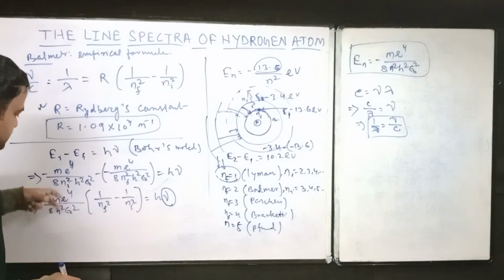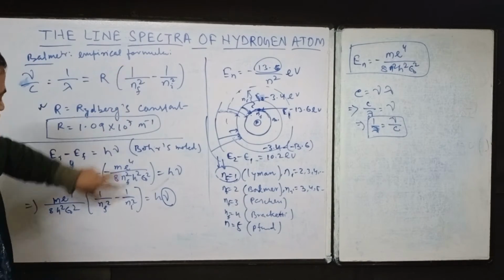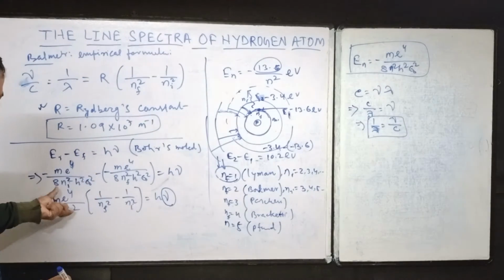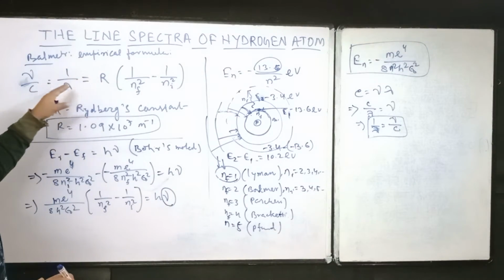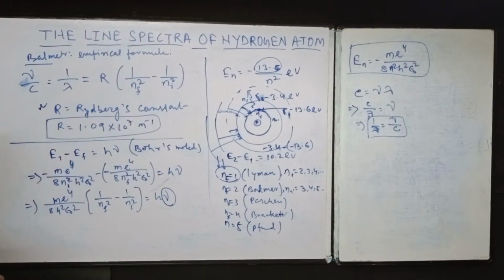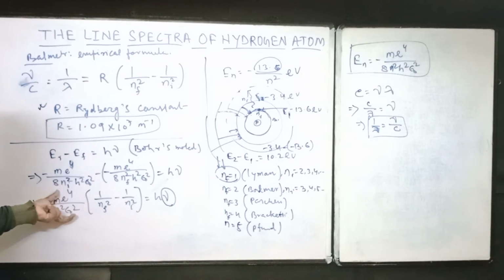So if you compare these two equations, this part and this part are the same, so this part is equal to Rc, because nu equals Rc into this one, so this part must be Rc.